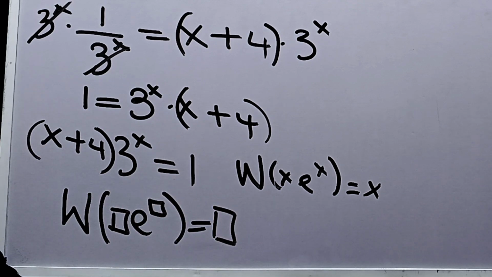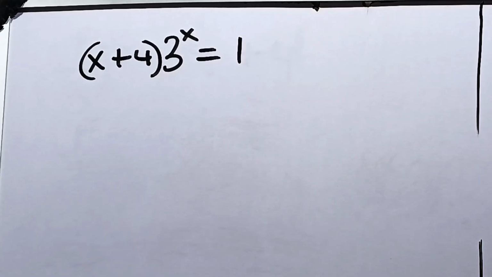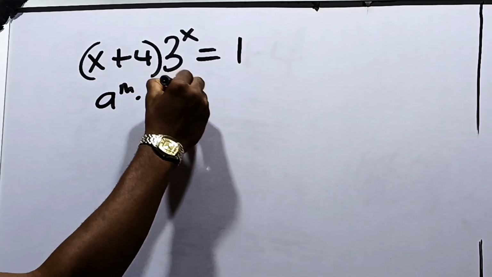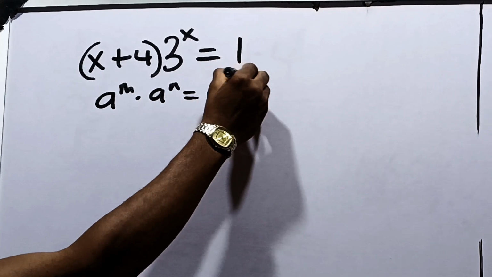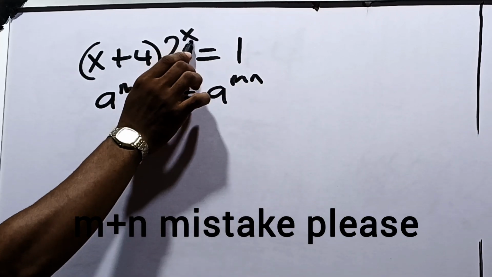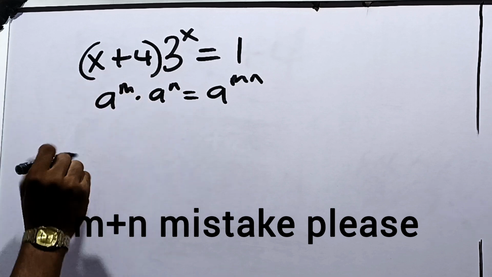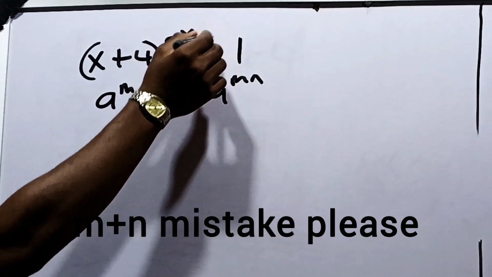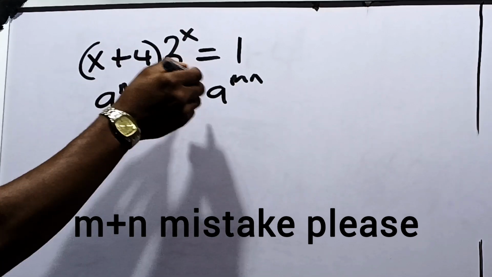Alright, that's it. Now moving on from here, recall that a^m multiplied by a^n is equal to a^(m+n). I recall that I required to make this and this equal just for now, alright? Now this is x + 4, we require to put 3 raised to power 4 here. If you make this 3^4, it means that we're multiplying by 3^4, okay?